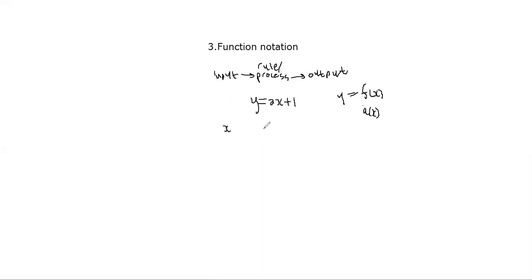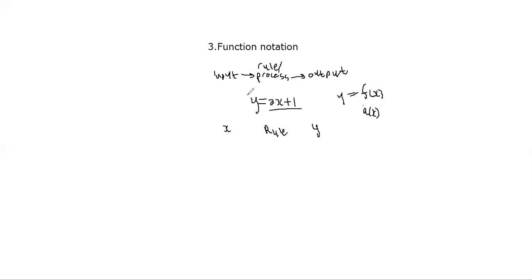And you're given a rule. What is the rule? It's this one, the whole of this. We have x values, we have the rule, and then you have y values, right?